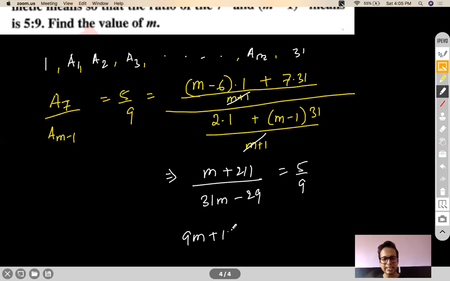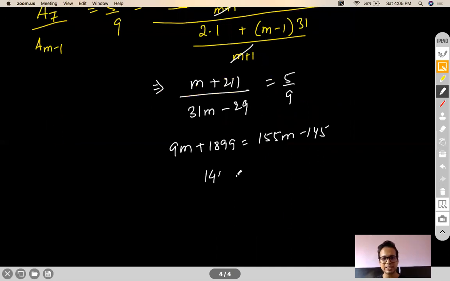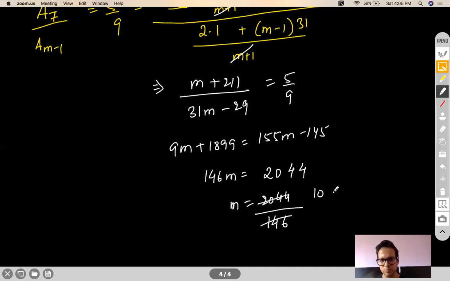So 9 times (217m minus 6) is 1953m minus 54... so 9m plus 1899 is equal to 155m minus 145. So this will give you 146m is equal to 2044. So m will be nothing but 2044 upon 146, which is 14. So m is 14.